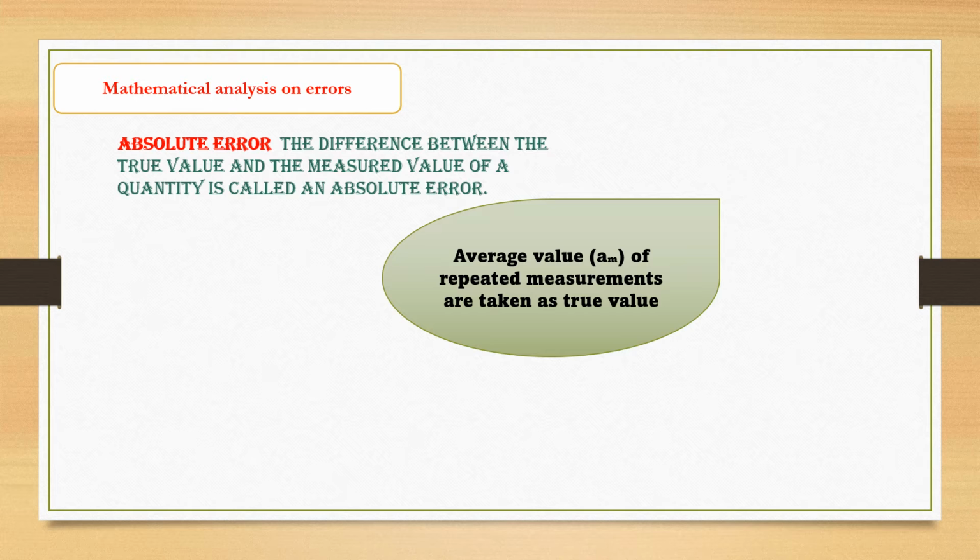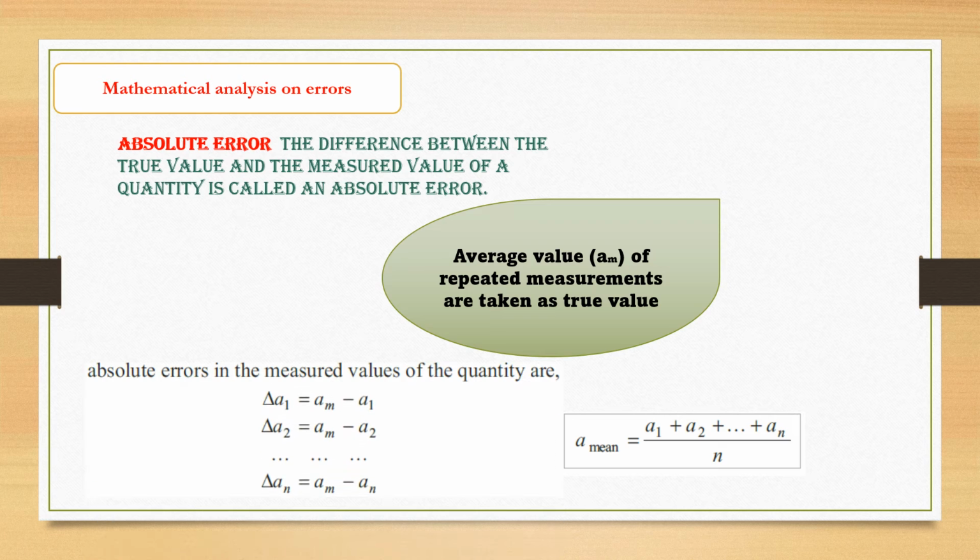The average value A_m of repeated measurements is taken as the true value. The mean or true value equals the first measurement plus the second measurement plus up to the nth measurement, divided by n.